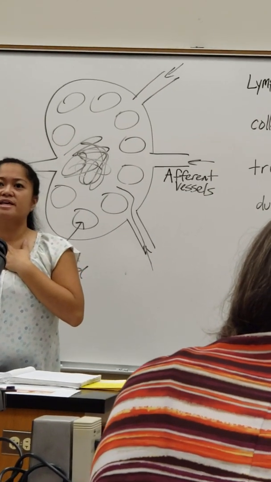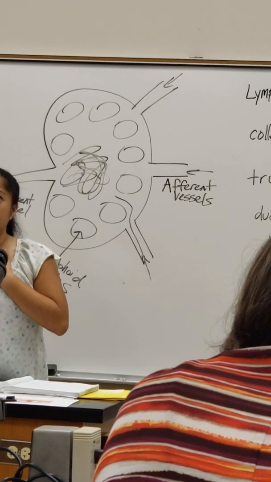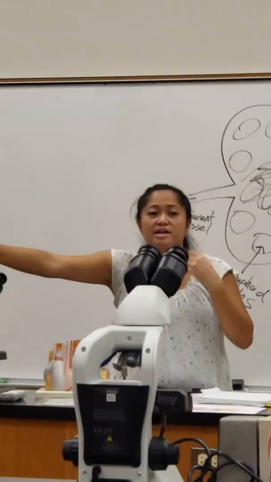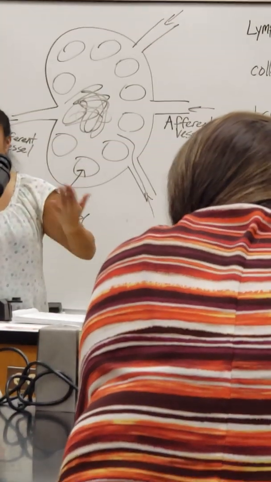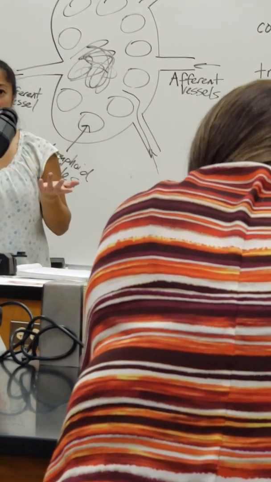So what did we say the function of the thymus was? Like, what did thymosin do? Immune system. Build your immune. Matured your lymphocytes, right? So that's the overall function of the thymus, is to mature lymphocytes. Okay?